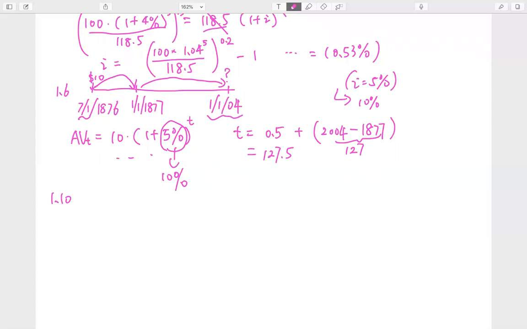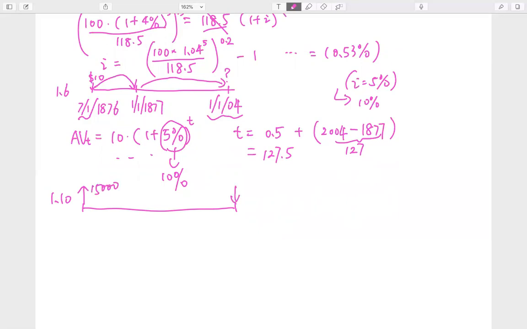Next one, 1.10. A $15,000 car loan is repaid with one payment of $18,375.65 after 36 months. What is the annual effective discount rate? Discount rate. Okay, read the question carefully. At the beginning, the loan is, or you can switch this angle, to the borrower or to the lender is money out.